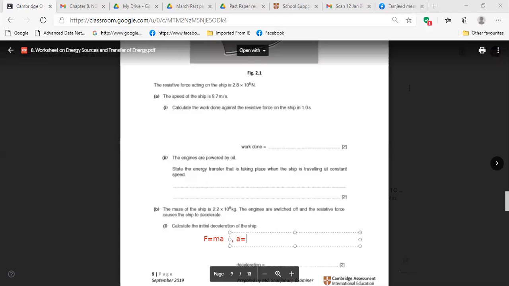So a equals F by m. F is given here 2.8 times 10 to the power 6 and mass is given 2.2 times 10 to the power 8. Put both the values and get the answer. What is the answer? Check please.